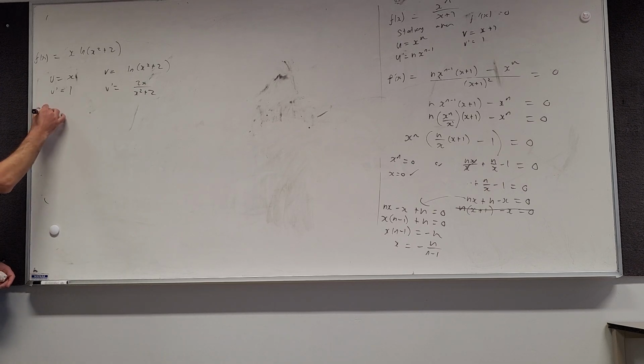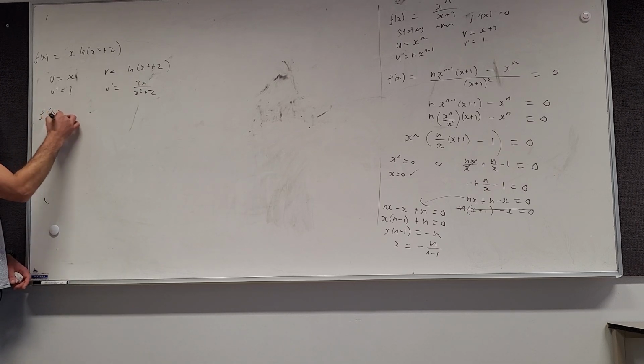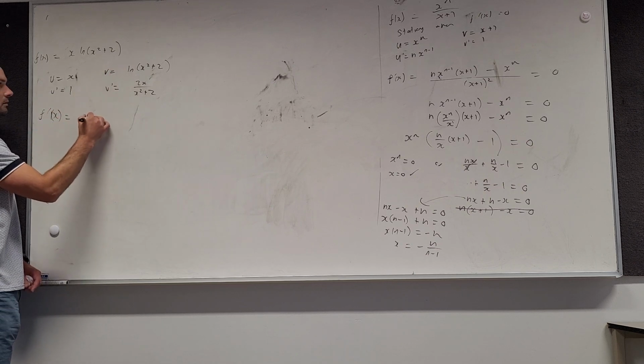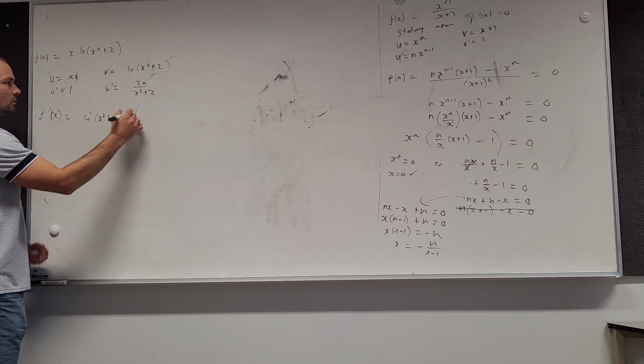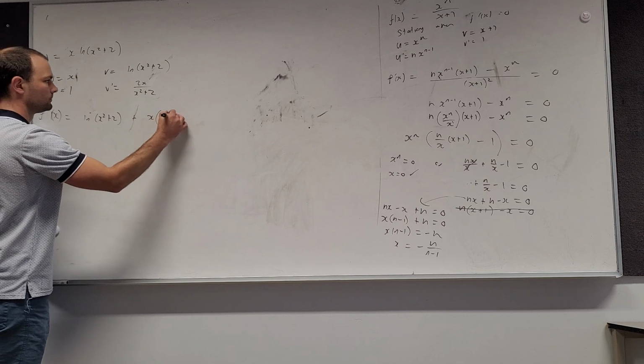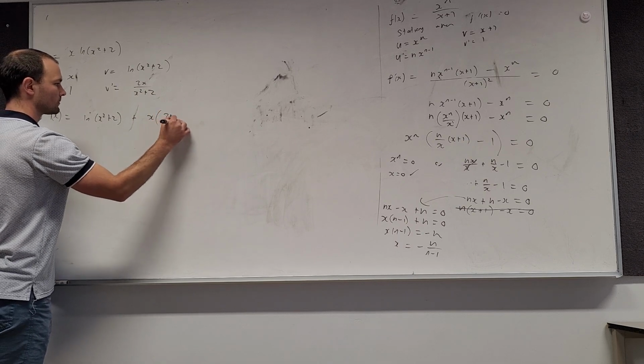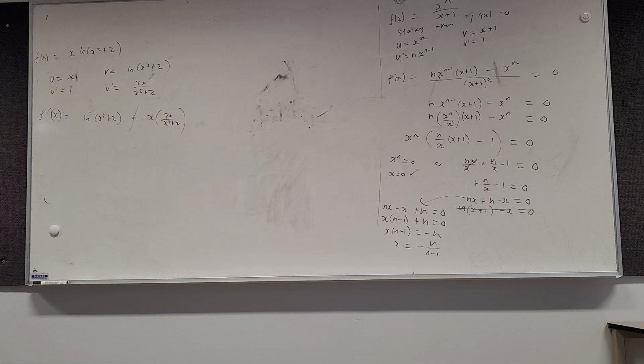And then product rule u dash v plus uv dash. Alright, which is what they've got there. They've joined the x and the x squared together. Okay, hence show that the tangent at x is 1 has this equation.